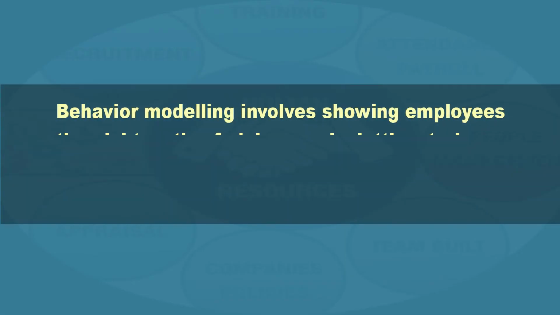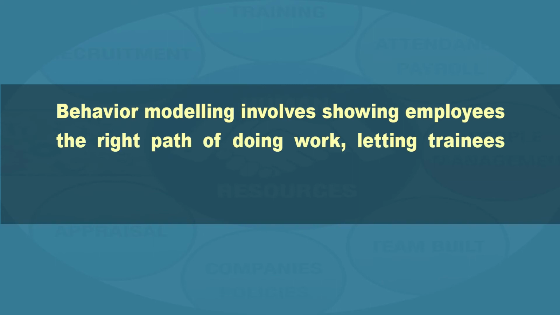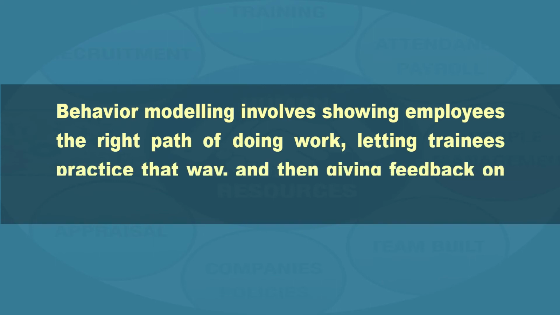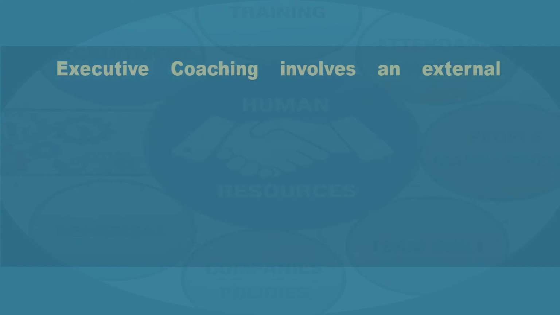Behavior modeling involves showing employees the right way of doing work, letting trainees practice that way, and then giving feedback on the performance. One of the most widely used is behavior modeling training, a highly regarded, psychologically and research-based training intervention.